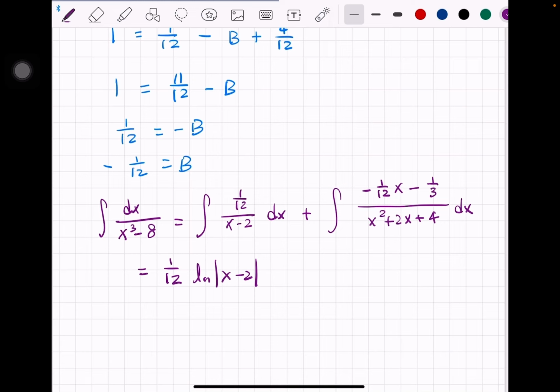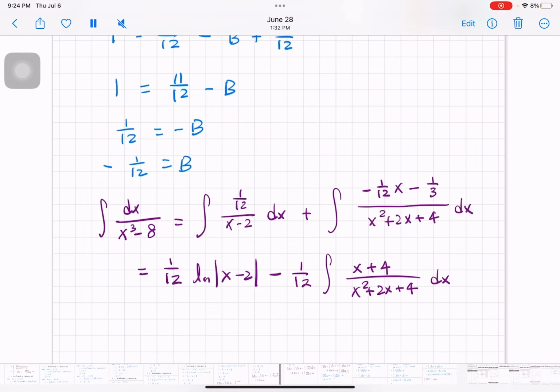But the second part, we need to work something out. So first things first, let's simplify it so we do not have any fractions. So I'm going to factor out 1/12. So I ended up with x plus 4 over x squared plus 2x plus 4. The u substitution does not work directly.